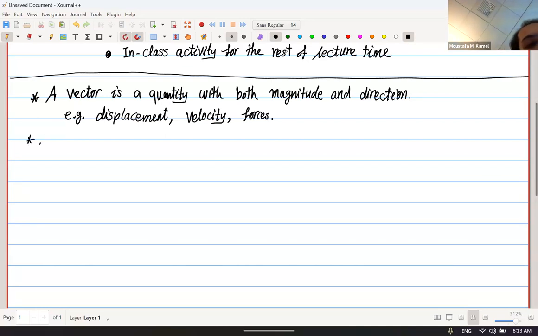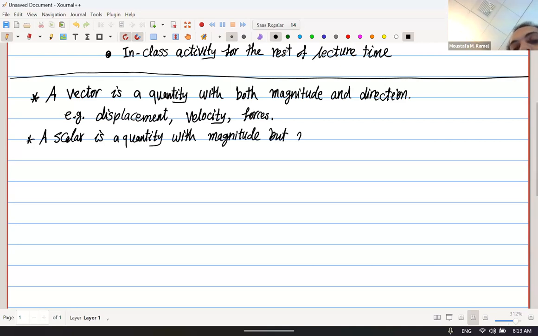Whereas a scalar is a quantity with magnitude only. No direction.